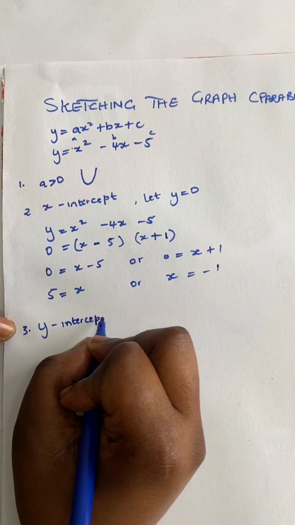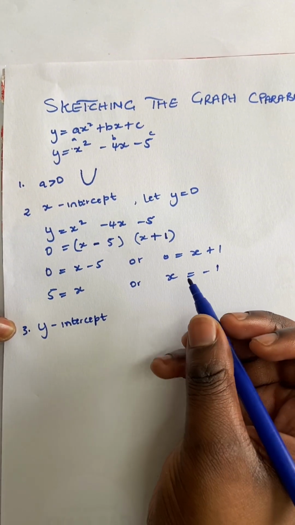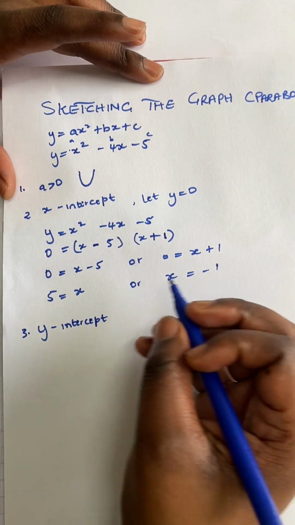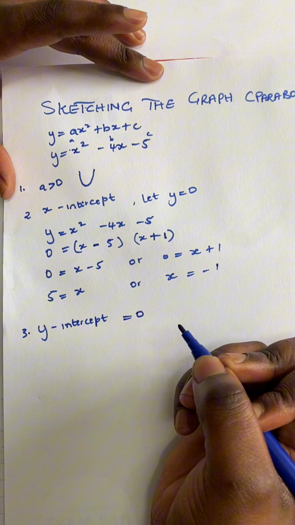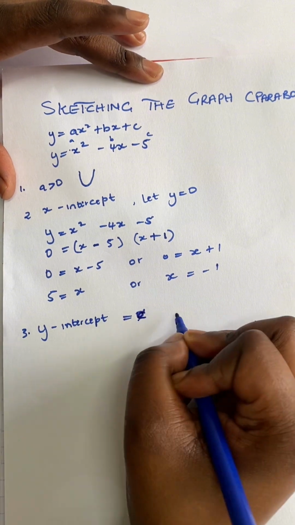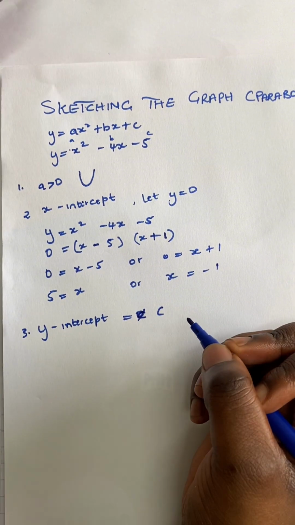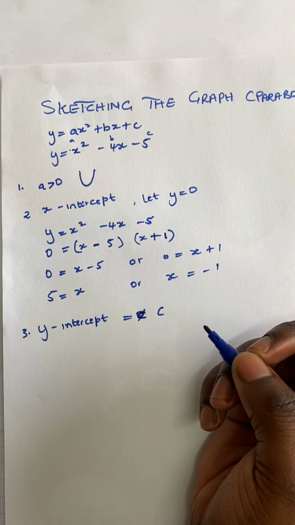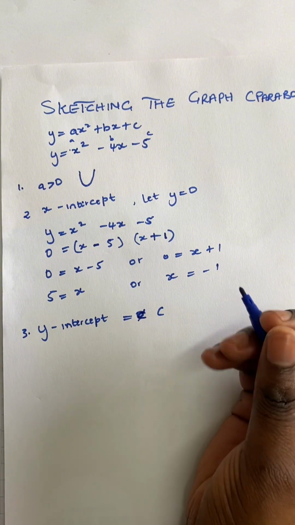The y-intercept. Remember, I told you that in this standard form, your y-intercept should be equal to c. But you have to calculate that. The examiner or the marker should see that you know how we find that c.